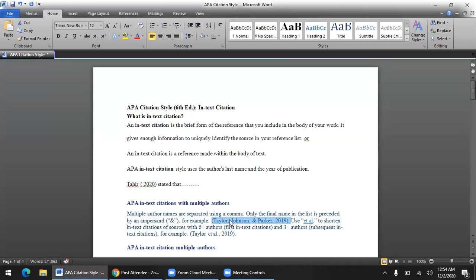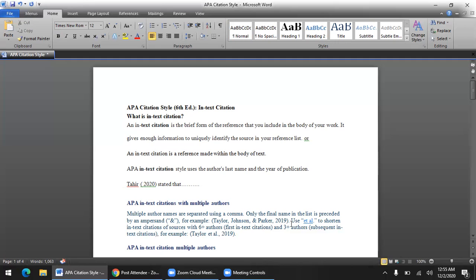This is the same work cited by these three authors. So if the same work is cited by the same authors, write like this: Taylor, comma, Johnson, comma, ampersand Parker, comma, 2019. In 2019, Taylor, Johnson, and Parker cited the same work.